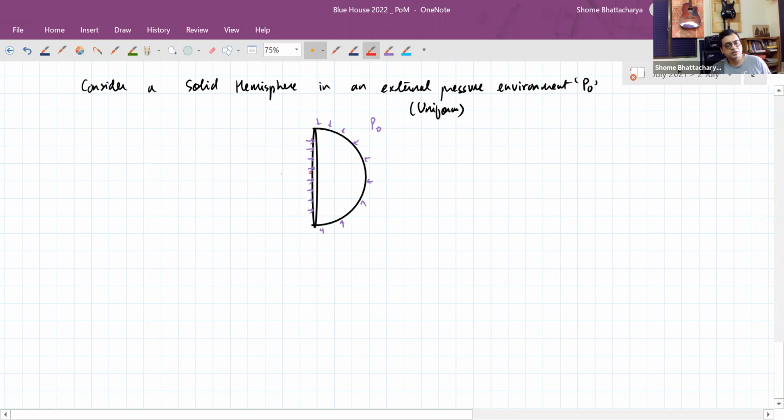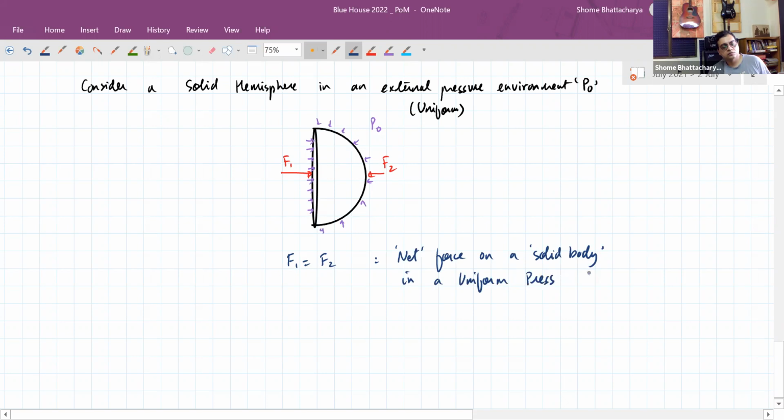So this side will experience a net force of, let's say, F1 like this, and the curved surface on this side will experience a net force of F2 like this, but F1 will be equal to F2 because the net force on a solid body in a uniform external pressure field must be zero.